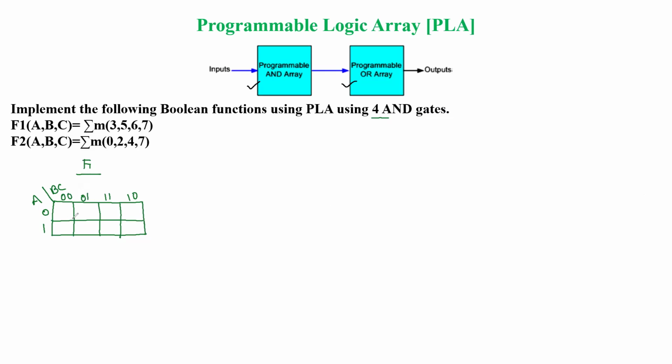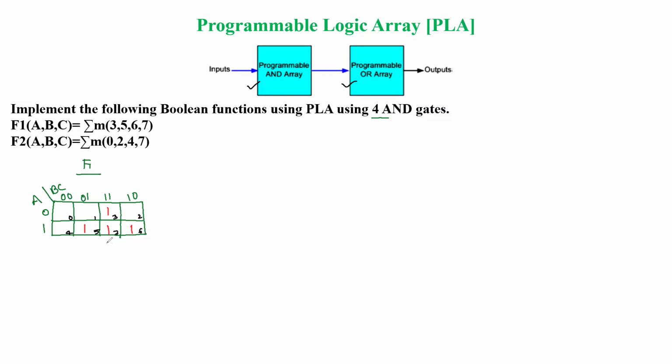Now inside this we can write the min terms: this is 0, 1, 2, 3, and this is 4, 5, 6, 7. Now what values are given? For the corresponding min terms we are going to write 1. For the first one, it is given here: 3 is there, 5 is there, 6 is there, 7 is there.